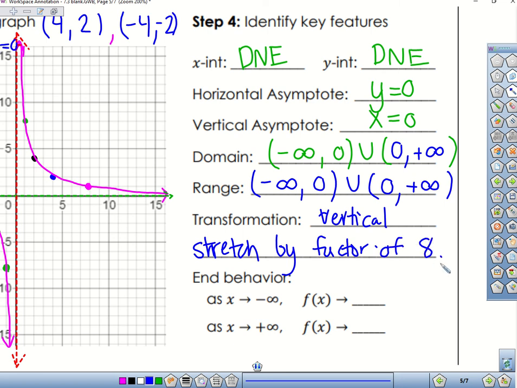Vertical stretch by a factor of 8. And then the end behavior, it just approaches your asymptote. Yeah, 0. So it's just going to be your asymptote. Any questions about that one?